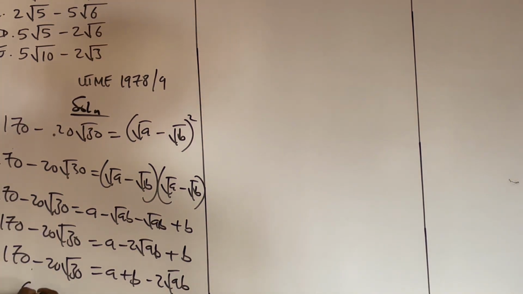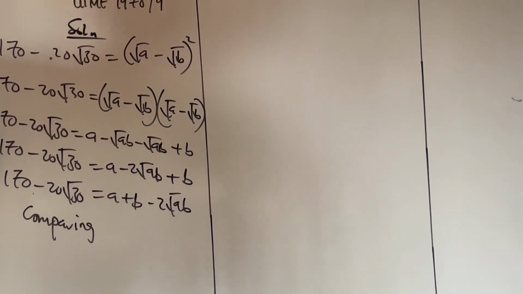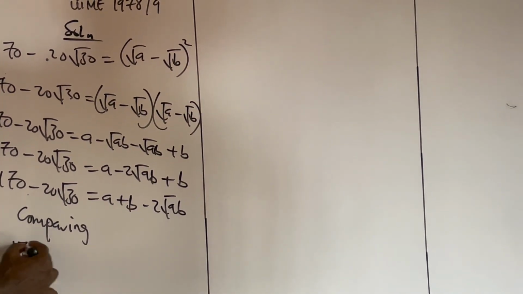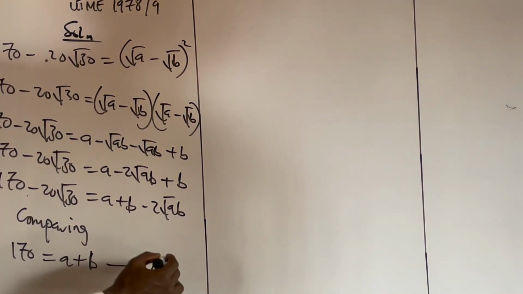What do you do? You compare, or you isolate the radicals. So here we have 170 equal to A plus B. Call this equation 1.